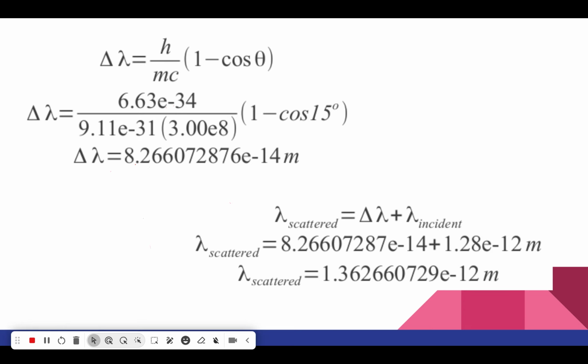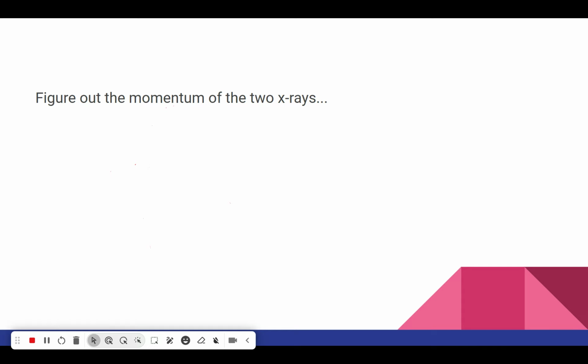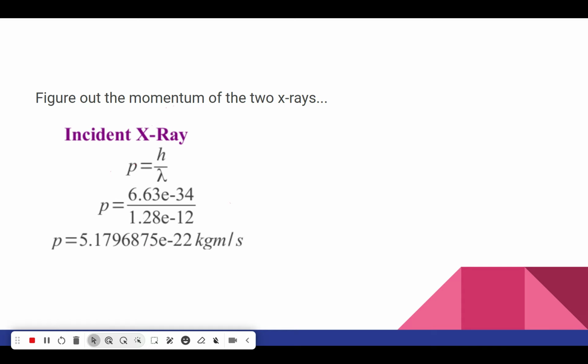And now we're going to move on to the second part, the 2D collision part. So let's figure out the momentum of our two X-rays. For the incident X-ray, I've got p equals h over lambda, Planck's constant divided by the incident wavelength. Nothing changed there. That's going right back to the very original number I was given for the incident wavelength.